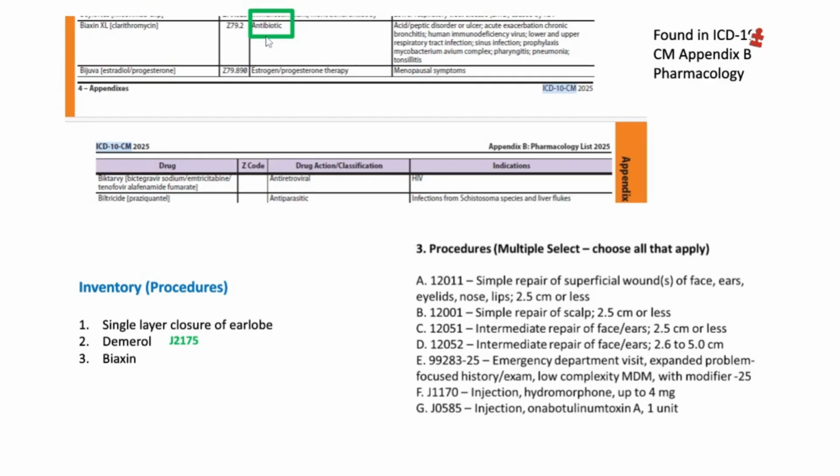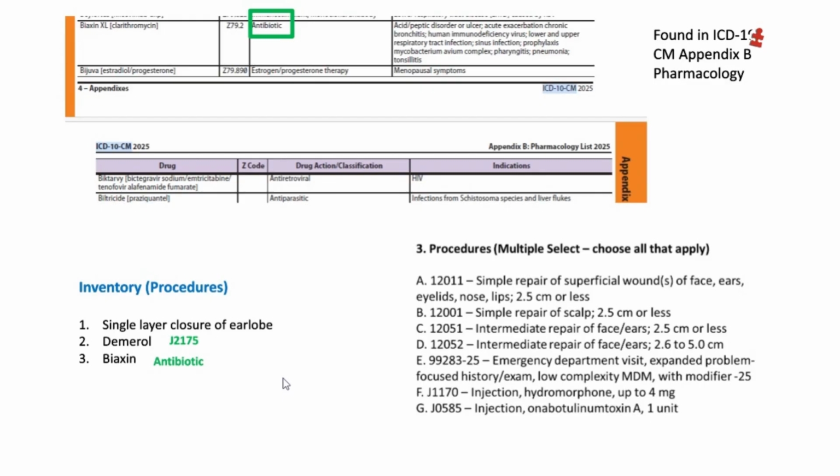That's the generic term. It's an antibiotic, right? And it also gives you more information about it. So essentially, it tells you what people use this for. And it's a lot, but mainly it's an antibiotic. So now I'm just going to put here next to Biaxin that this is an antibiotic.